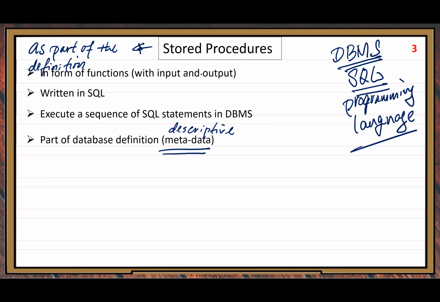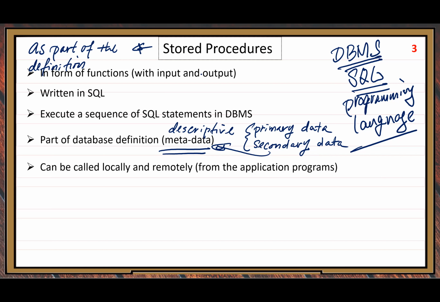Metadata, not primary data. We have our primary data, and we have secondary data. Primary data is our business data. Secondary data is metadata, descriptive metadata, supporting data. You can treat it as supporting data.